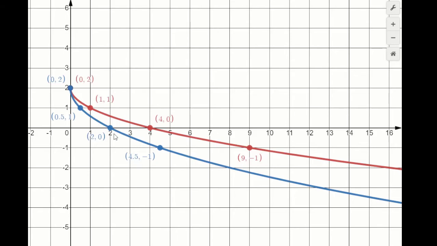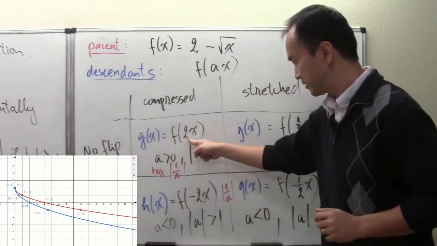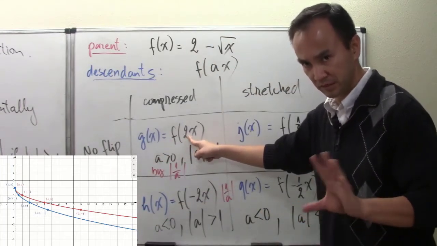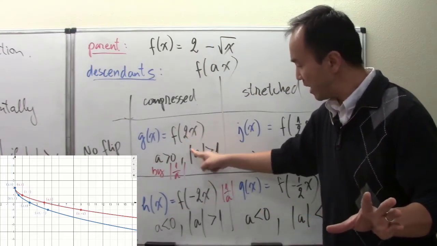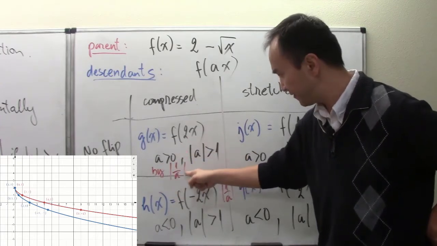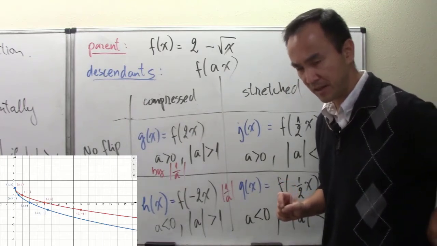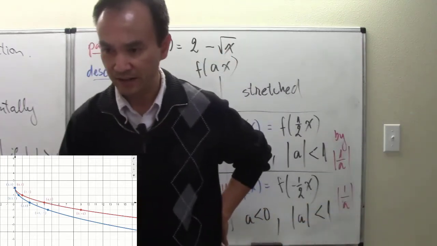So g of x, as a definition, according to our function, was 2x. This is the actual a. So absolute value of 1 over a is going to be a positive 1/2 in this case. How do we see that in the graph?